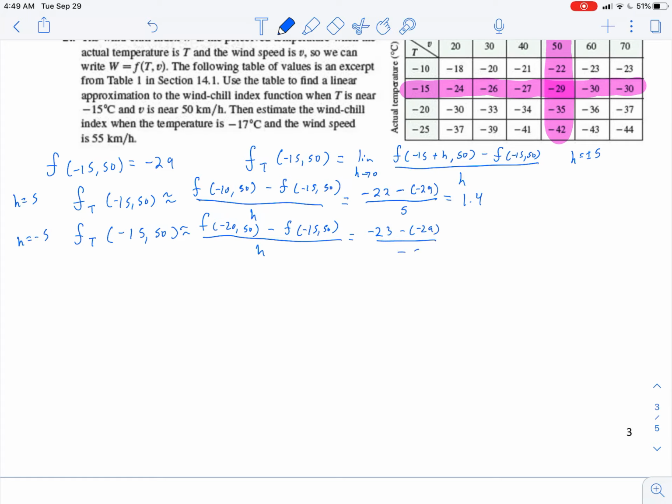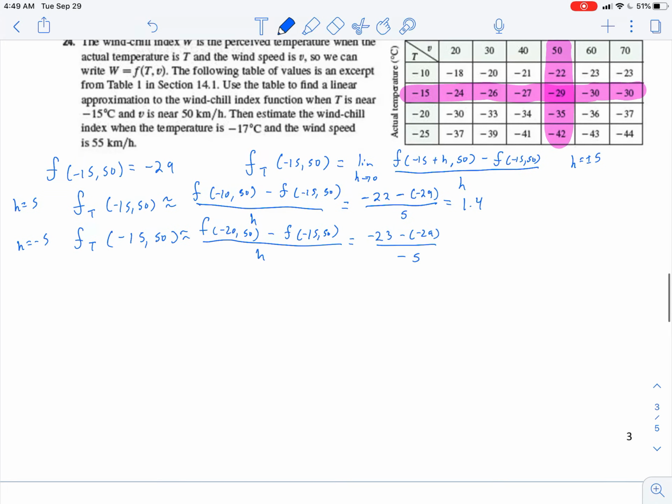And so here we're going to get negative 23 minus negative 29 divided by, in this case, a negative 5. I don't know. Well, I used the wrong way. It should be negative 35.